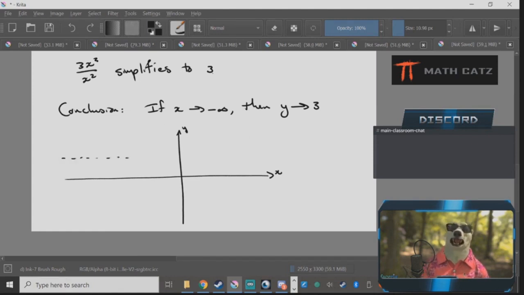They are approaching the horizontal line that is sitting at 3. I don't know how. It could be from above, it could be from below, and that's not something I should be worried about right now. Regardless, it wants to become a horizontal line as much as possible, and I do that by going further and further to the left.